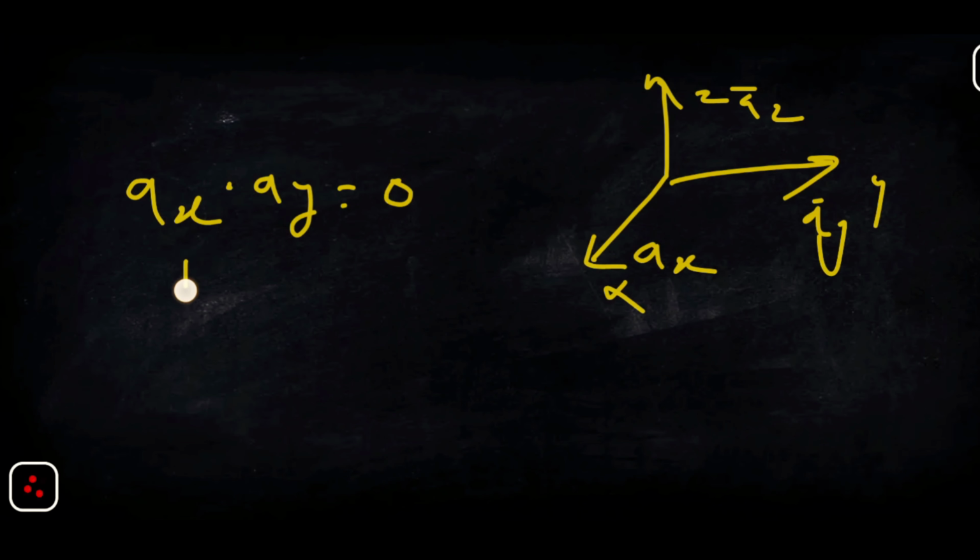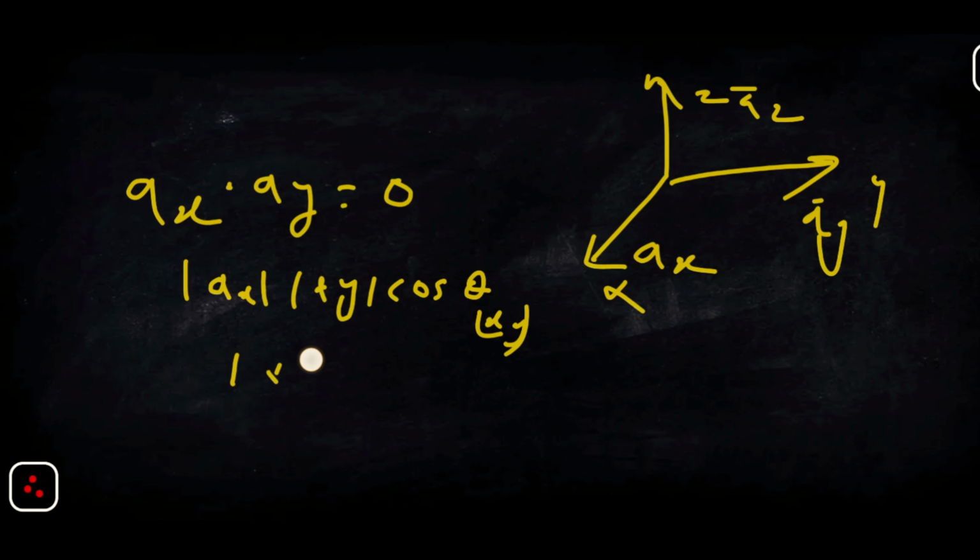Magnitude of AX, magnitude of AY into cos theta XY. The magnitude of AX is 1, the magnitude of AY is 1, and cos of XY is cos theta. What is the angle between the X axis and Y axis? 90 degrees, perpendicular to each other.